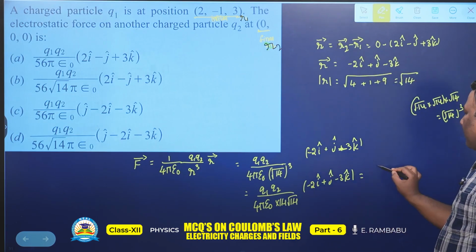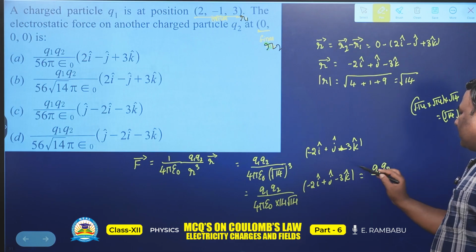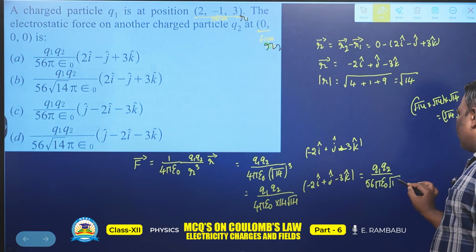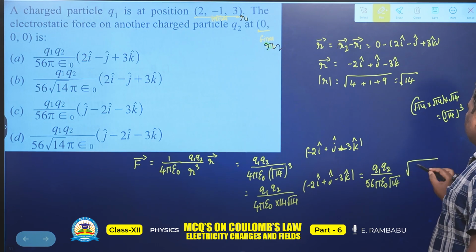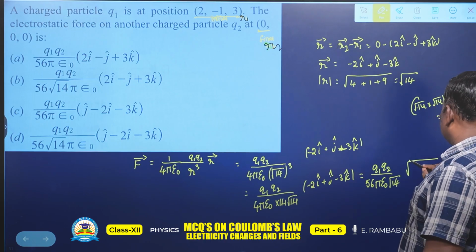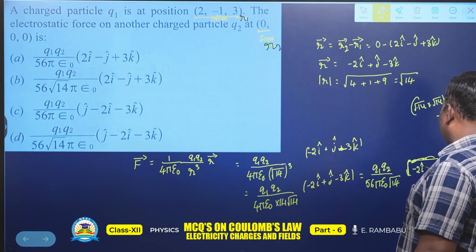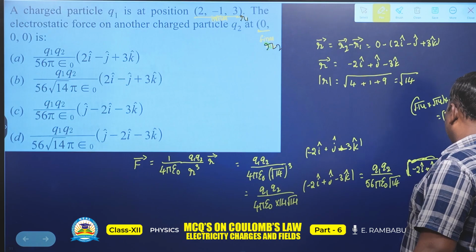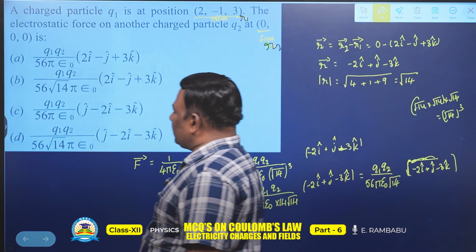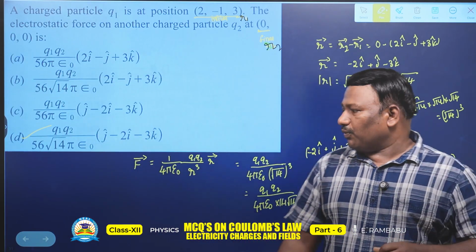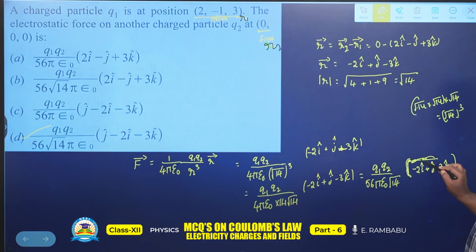See the final answer, Q1 Q2 by 14 into 4, 56 pi epsilon naught into root 14, and the direction is minus 2 I cap plus J cap minus 3 K cap. Check the options, here option D is the answer. Q1 Q2 by 56 root 14 into pi epsilon naught into minus 2 I cap plus J cap minus 3 K cap.